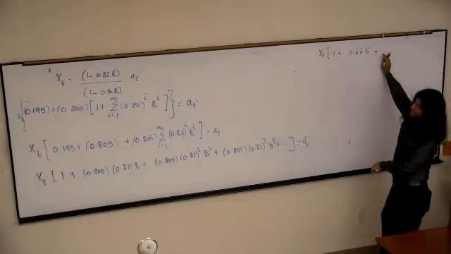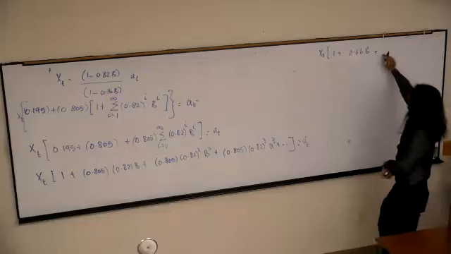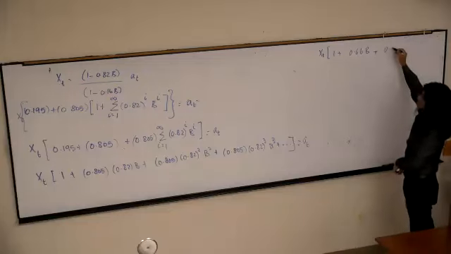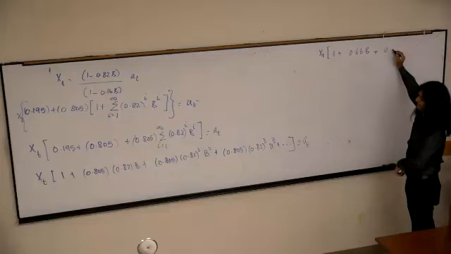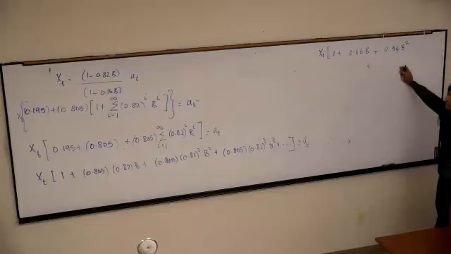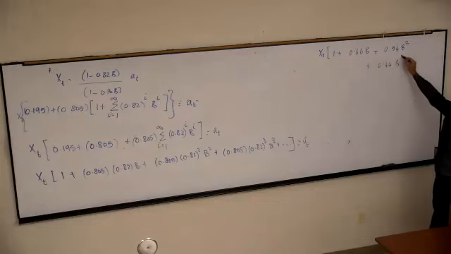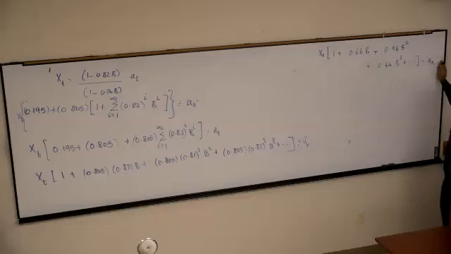The next one is approximately 0.805 times 0.82 squared, which is about 0.54. Then 0.805 times 0.82 cubed is 0.444, we'll leave it as 0.44 b cubed, plus dot dot dot equals a_t.